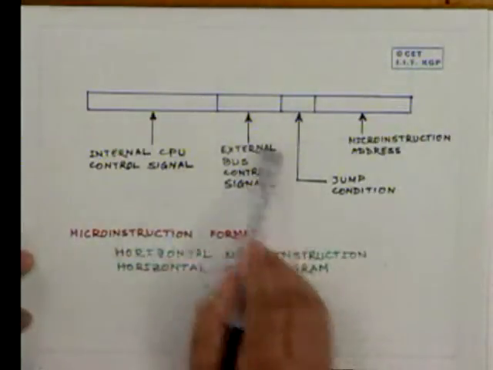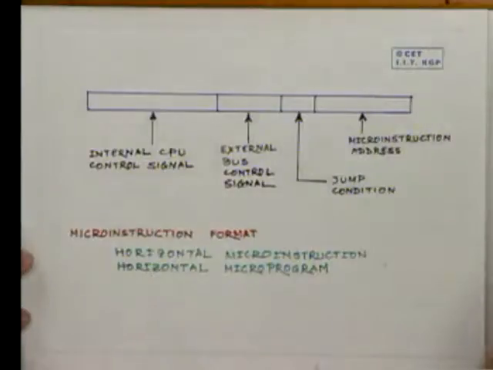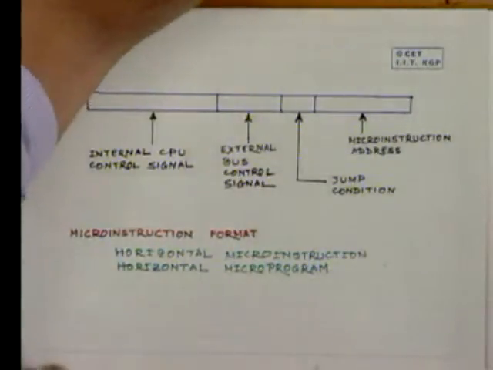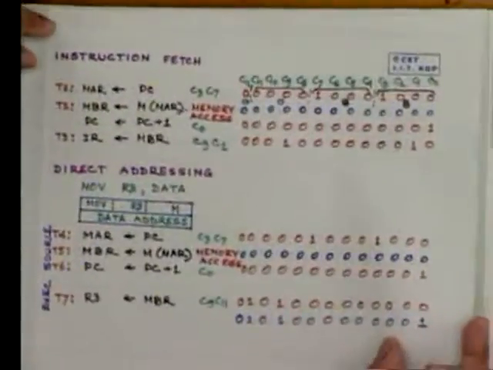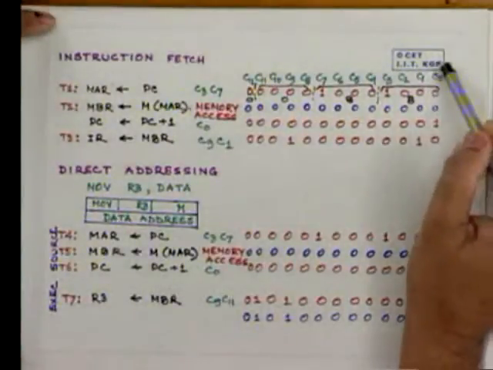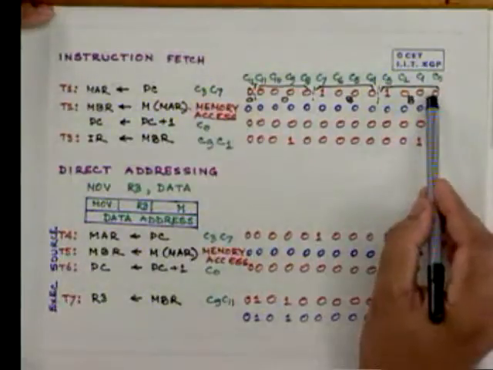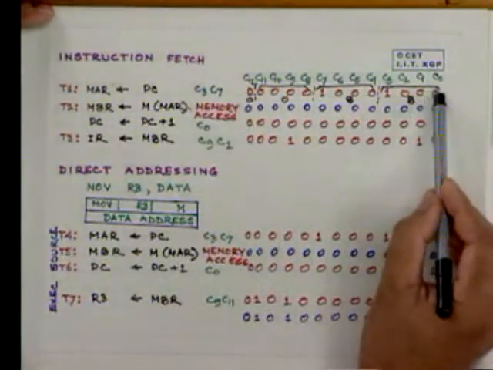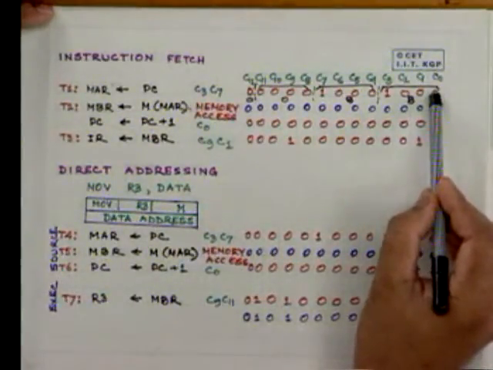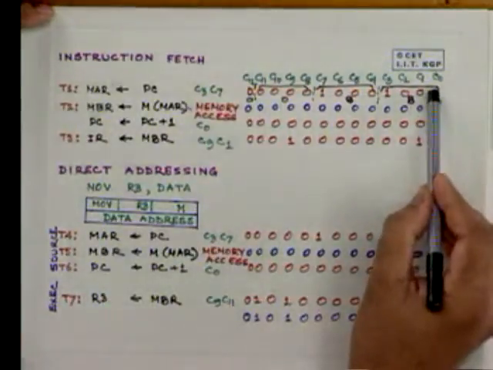If this be the situation, that means if for every control gate like C0, C1, C2, there is exactly one bit, which 0 means that it is closed, 1 means it is open.